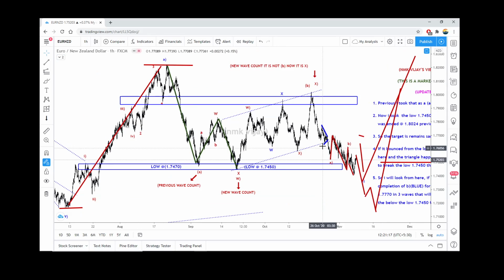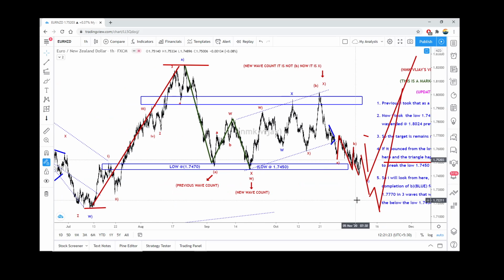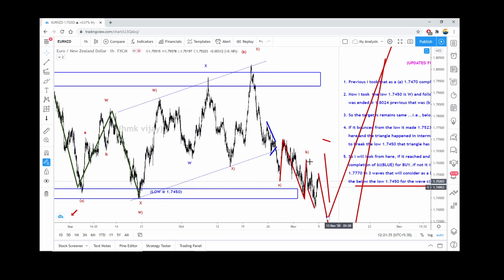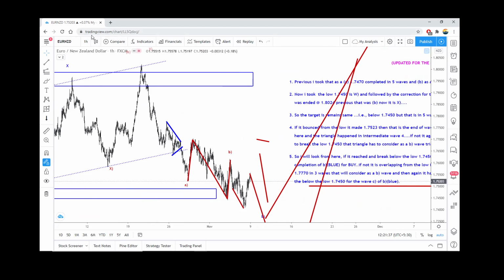But we need to watch here whether this A, B, C is a very small C that has ended, meaning it has to bounce from here, or it could make, what I said, a 1, 2, 3, 4 and 5. So in that case, this W, A, B, C is the end of the Y wave. That could be a Y wave as a zigzag pattern.